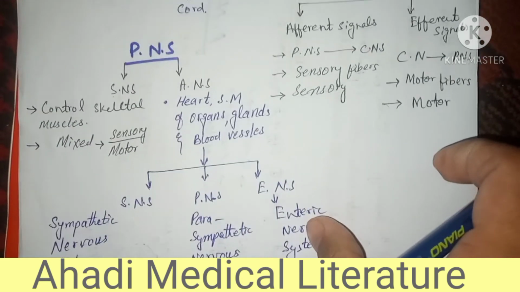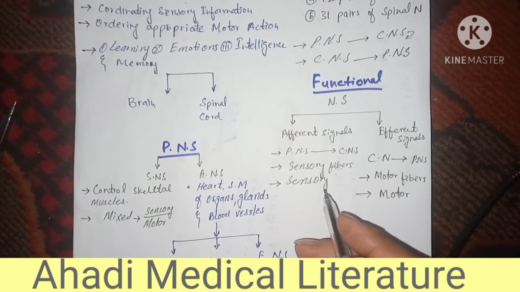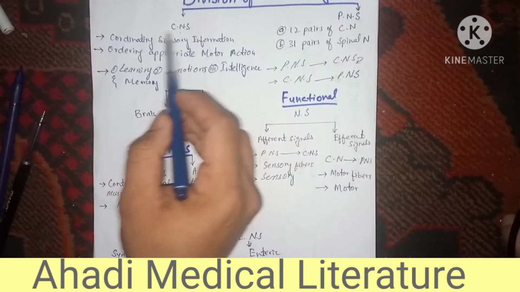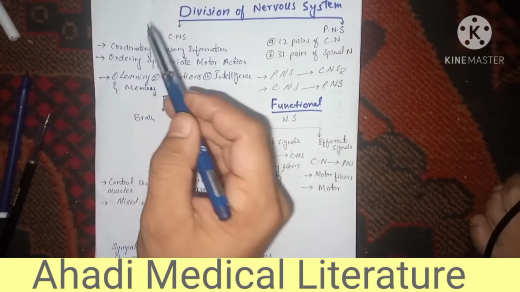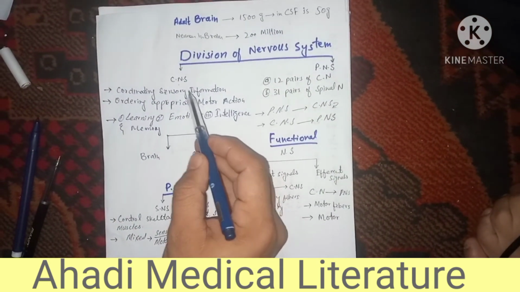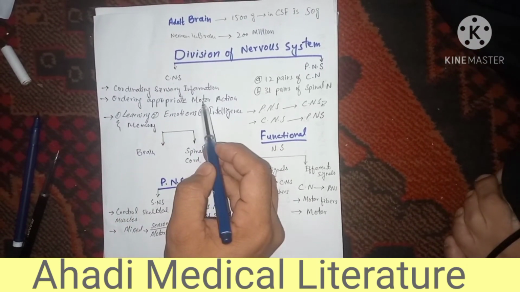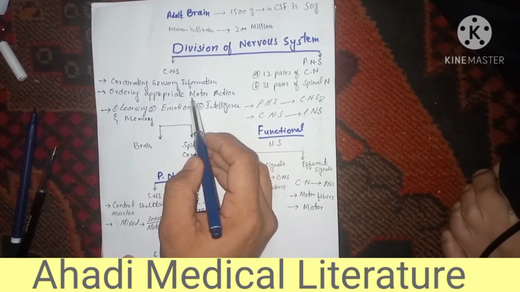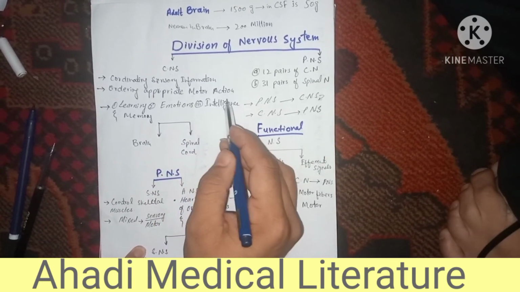So guys, I made this very beautiful chart for you to understand the nervous system very easily. First, the function of the nervous system is coordinating and controlling sensory information from the peripheral, from the surroundings, and taking it to the CNS. The CNS then processes that information and orders appropriate motor action on that.